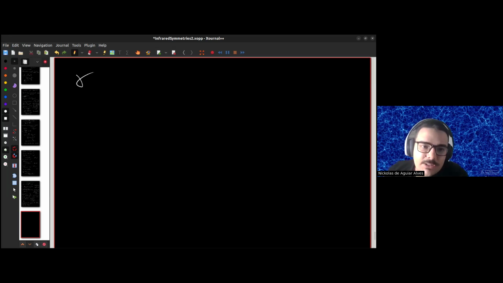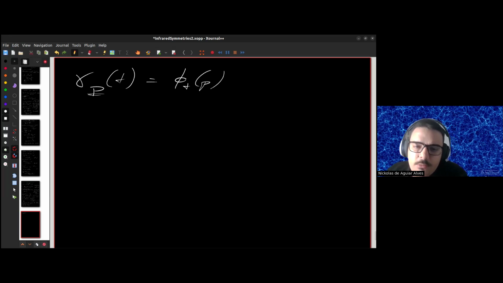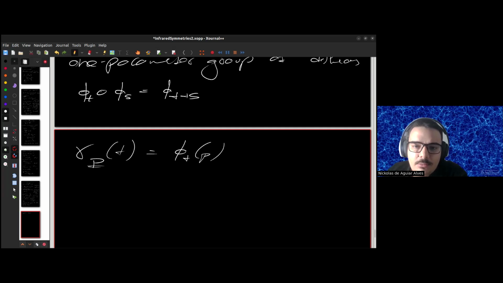First, notice that if I pick a point P, I can define a curve gamma P of t. This curve depends on P because it's the point where the curve starts. And this is going to be given by phi t of P. This condition in here implies that phi 0 is the identity.